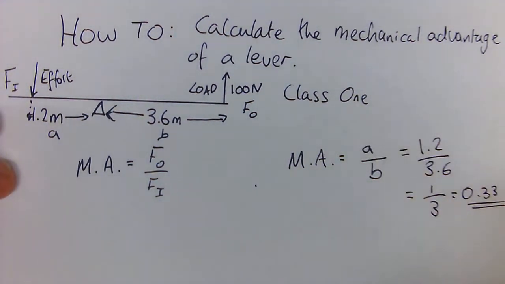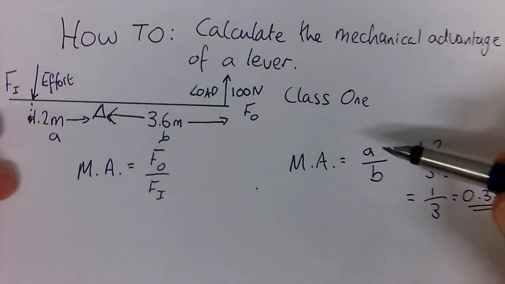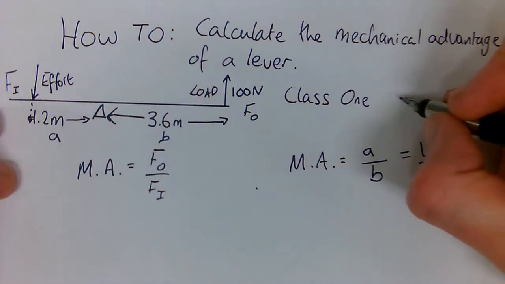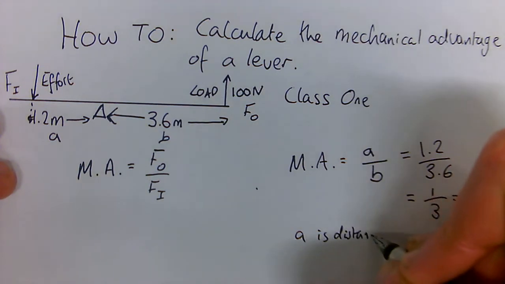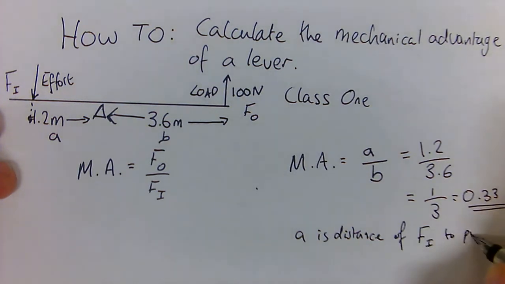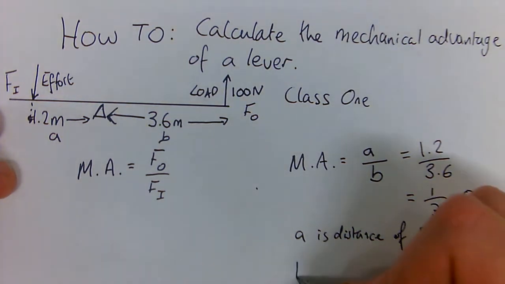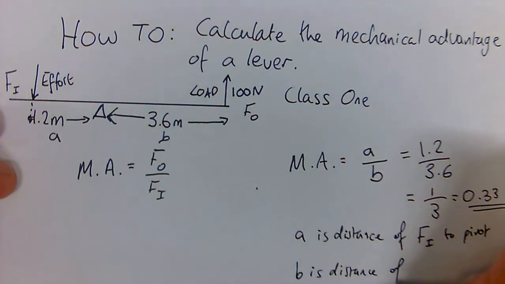Now, often with levers, this is the easiest way to do it, to look at the lever arms and have A over B. Remembering that A is distance of force in to pivot, and B is your distance of force out to pivot.